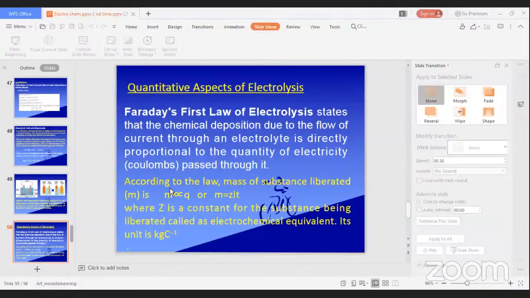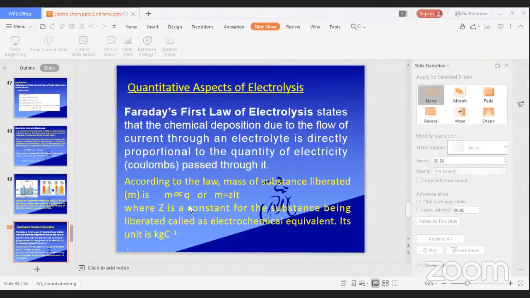M is directly proportional to Q, where M is the mass of the substance and Q is the quantity of electricity passed through an electrolytic solution. The mass of the substance may be dissolved, liberated, or deposited. Taking a proportionality constant, M equals ZQ.